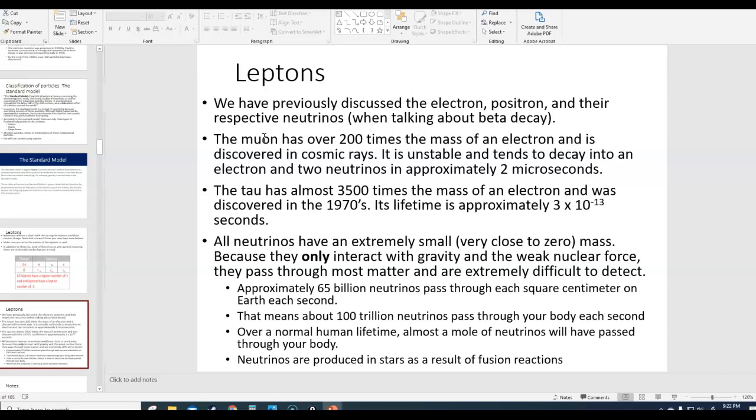Just some fun facts about the other leptons. The muon and the tau are both highly unstable particles. The muon is about 200 times more massive than the electron. I said before it was discovered in cosmic rays. It is unstable.